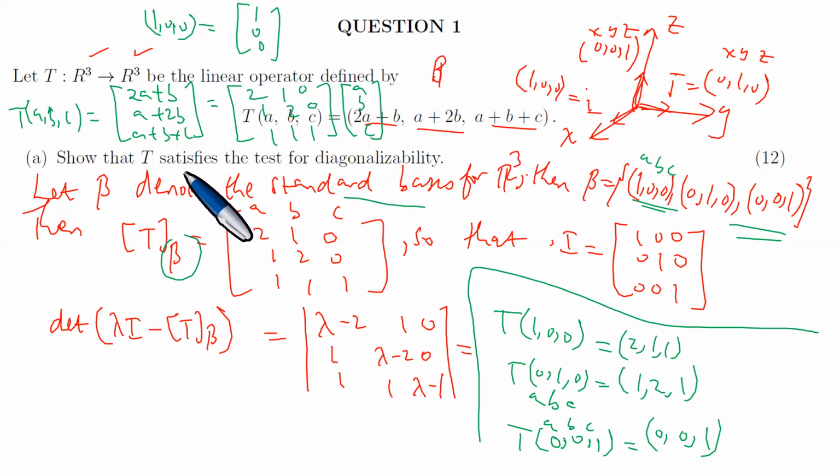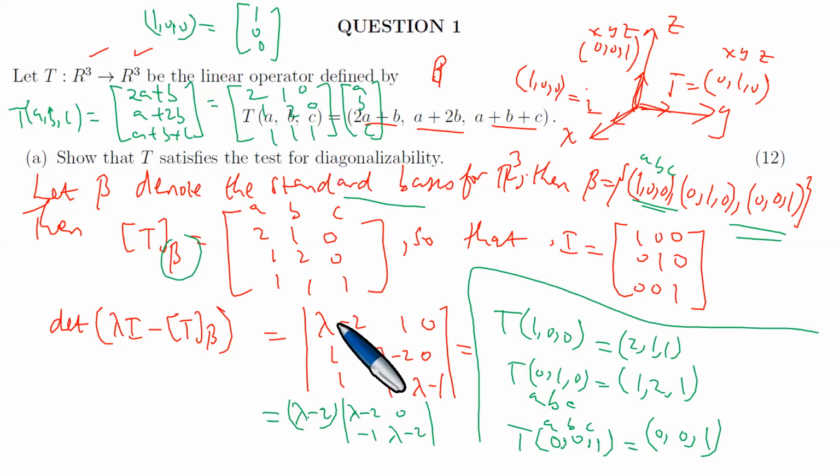We're doing the test for diagonalizability, and then we're getting this. If you multiply this out, you have lambda minus 2 into this one, 0. So we get this.